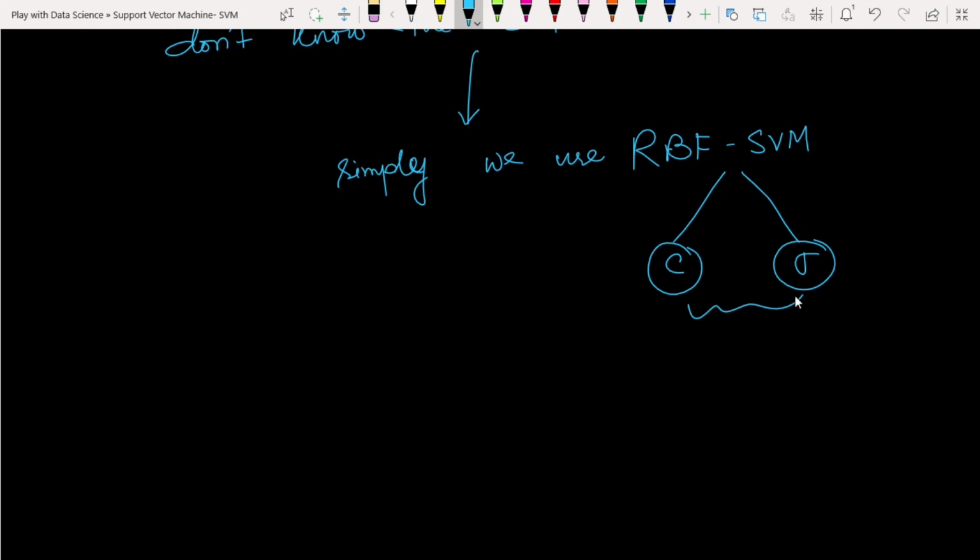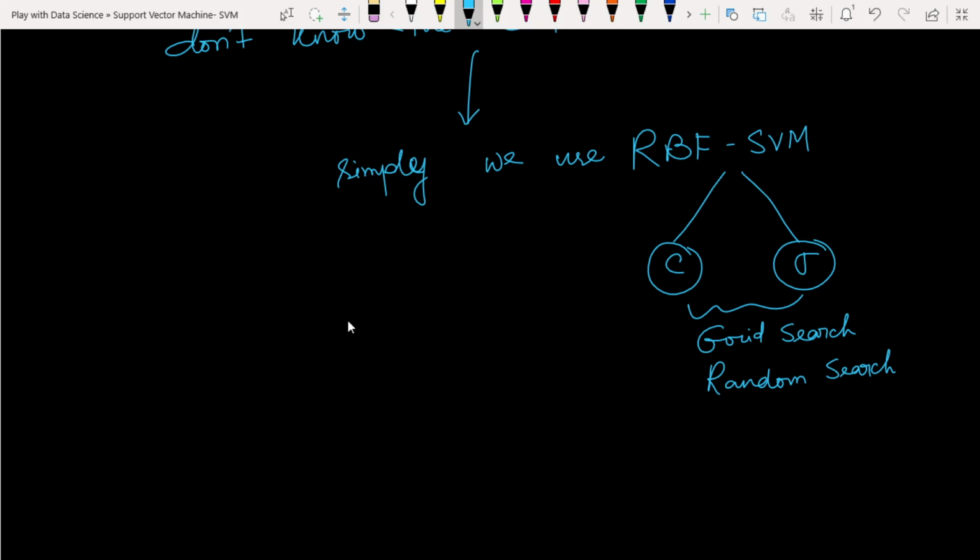We have simple techniques called grid search and random search, which we already discussed in logistic regression. By using these techniques we can easily find our best parameters.